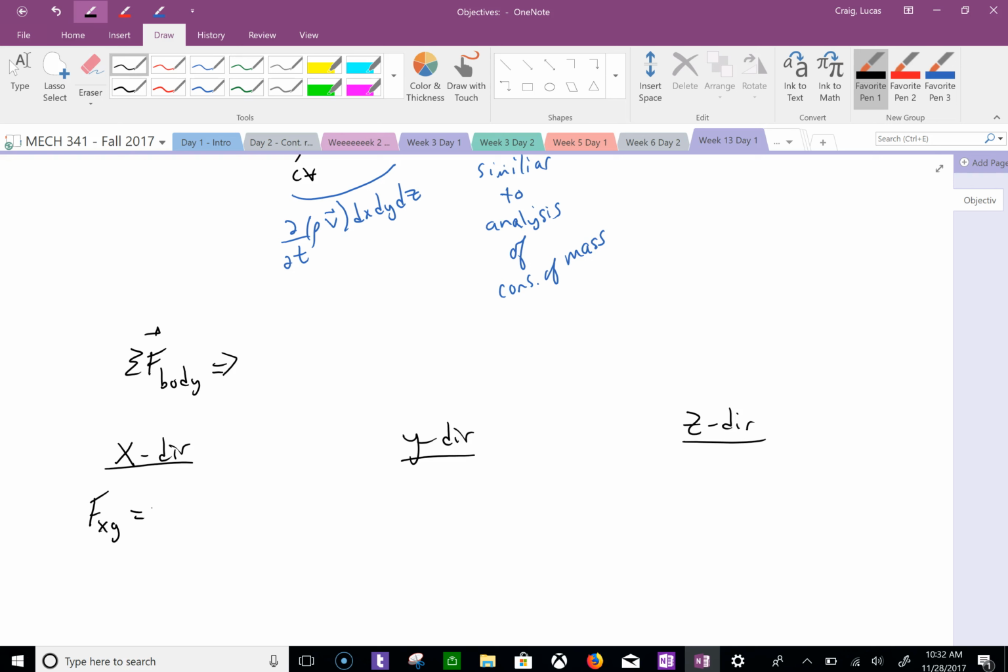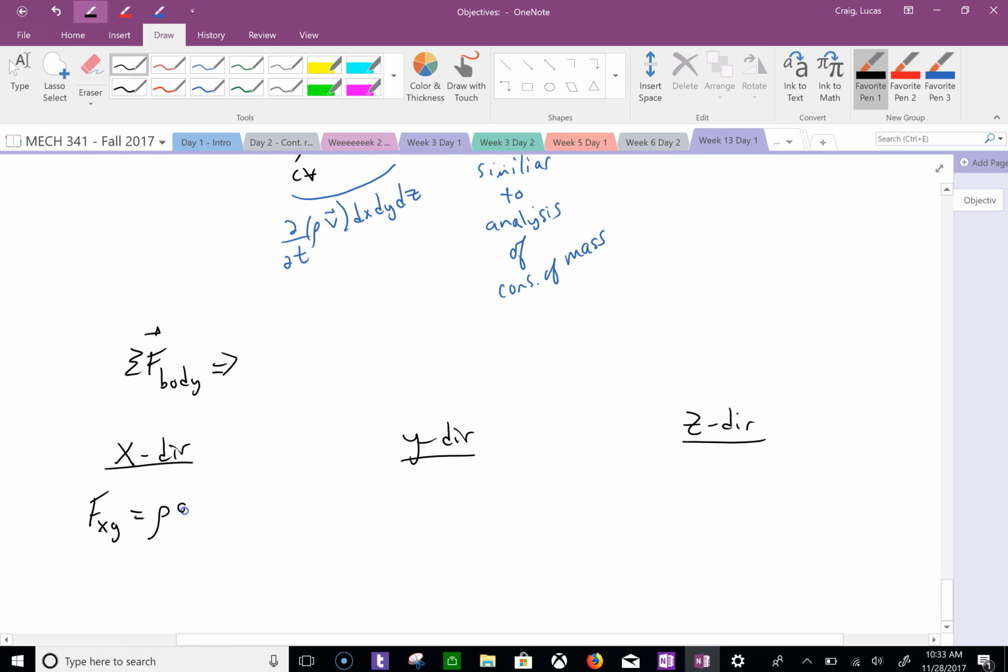This is Fxg. It depends. If you remember, just think of cars at an angle, right? It depends on the angle that you're looking at, okay?